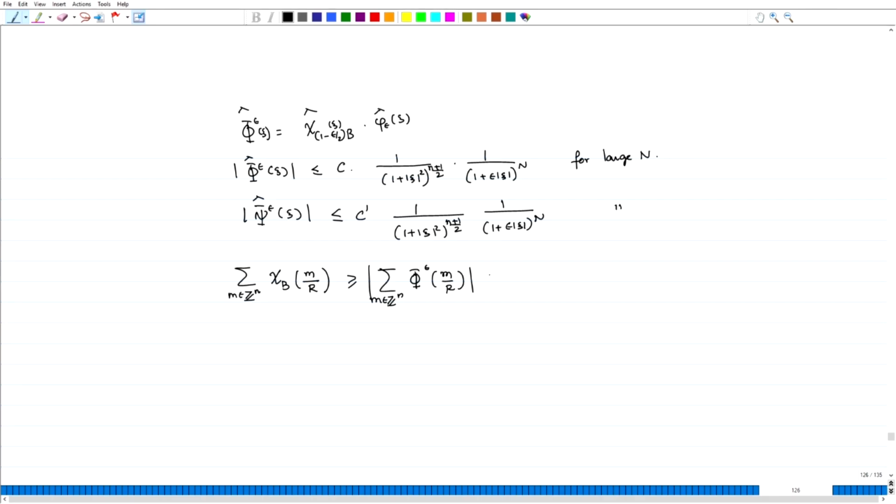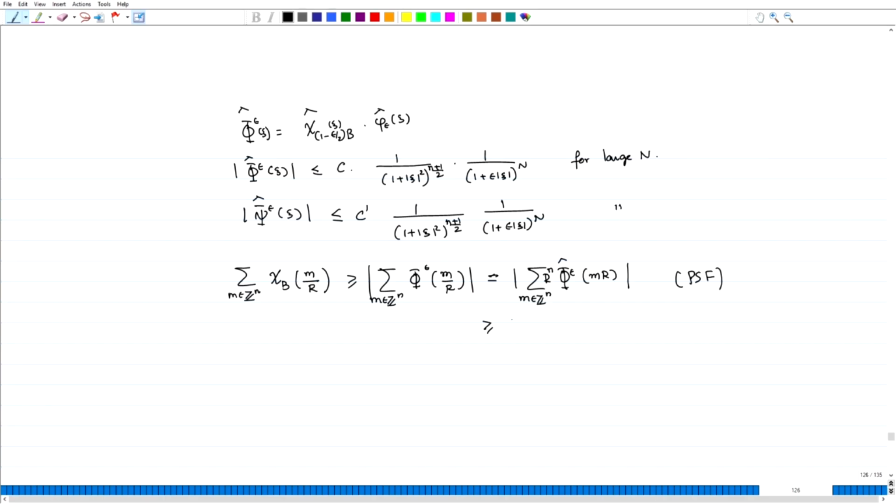So, which we can write as equal to the summation over m in Z^n, by the Poisson summation formula, of phi epsilon hat of m times r to the power n, by Poisson summation formula, and this is greater or equal to the summation with m equal to 0 and then the rest of the terms.